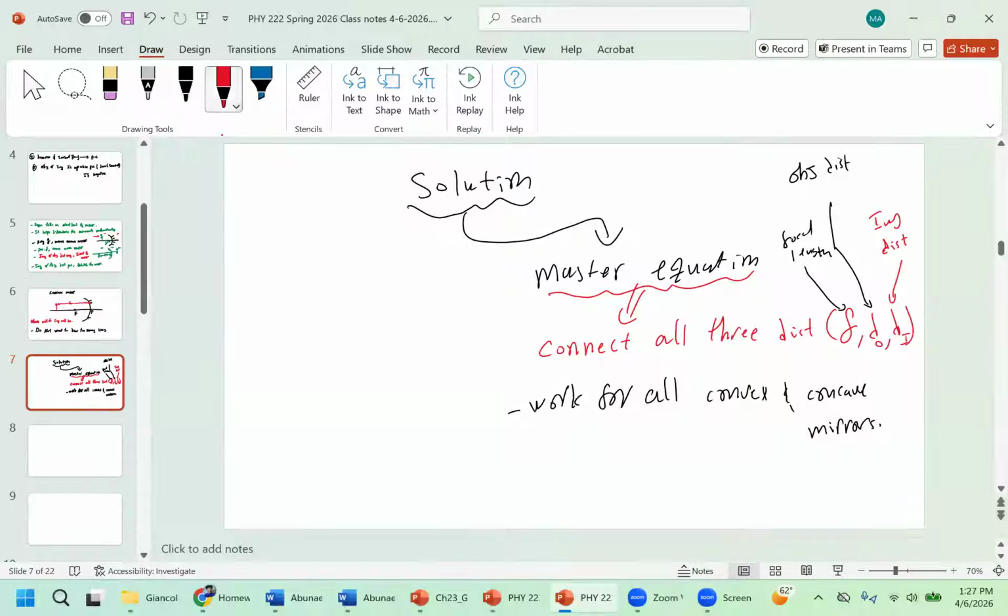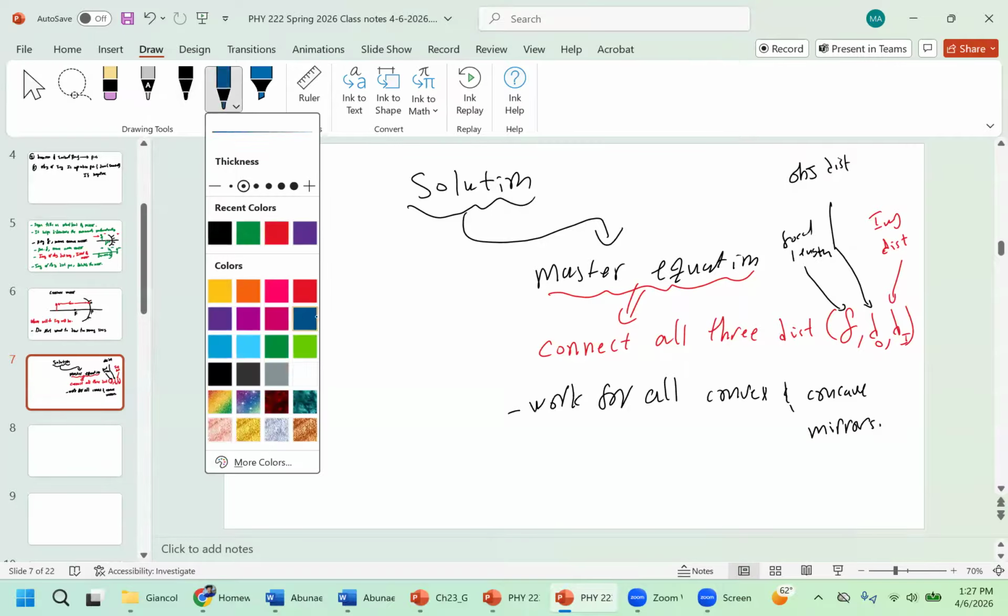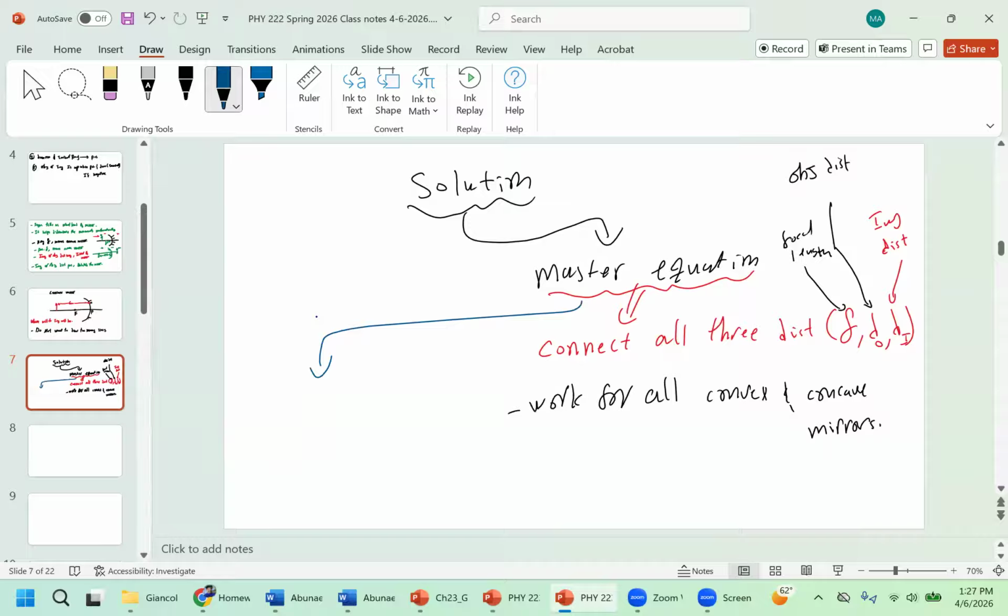Okay, and this master equation is going to be 1 over F equals 1 over DI plus 1 over DO. DO is the object distance. F is the focus distance or your focal length. And DI is your image distance.